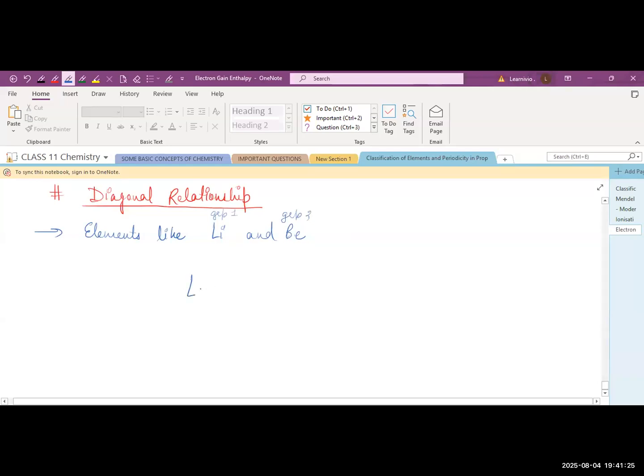See, this is lithium, this is beryllium. This is group number one, this is group number two. This is your period number two, and this is period number three. After lithium, sodium came, and beryllium के बाद it's magnesium, then boron and aluminium.